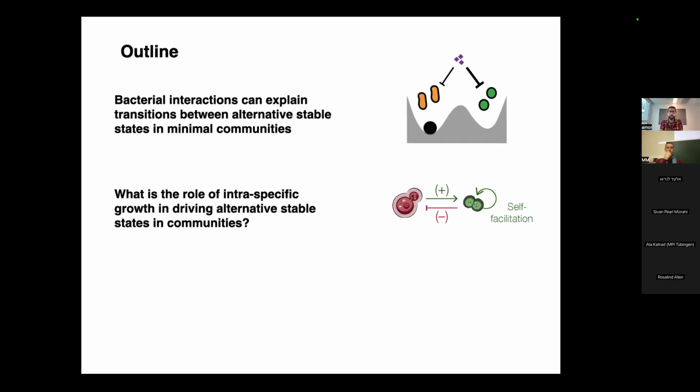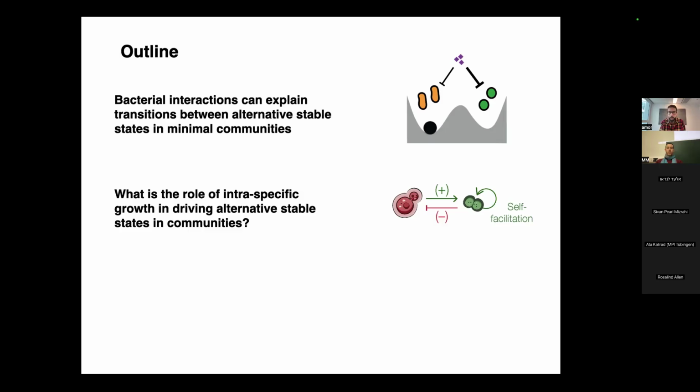And now I'm moving to how these alternative stable states in complex communities may emerge, not only out of interspecies interactions, but also on different modes of growth or intraspecific interactions for our species.